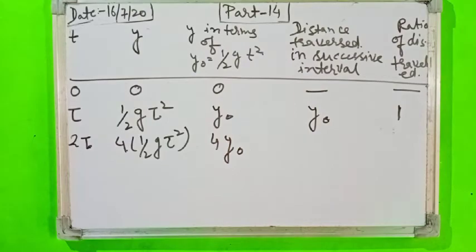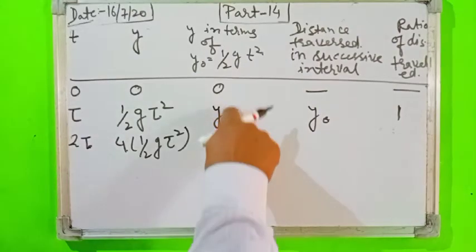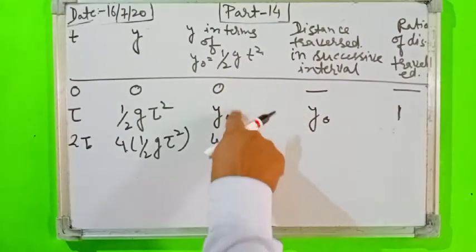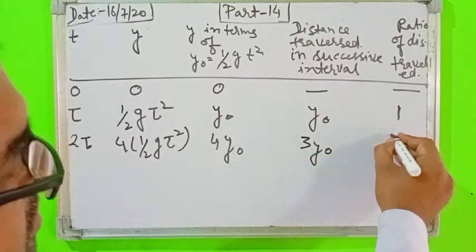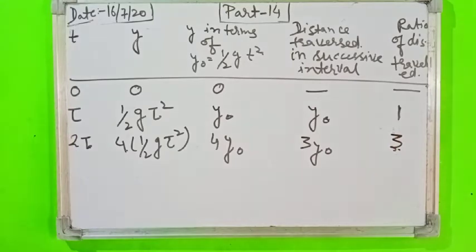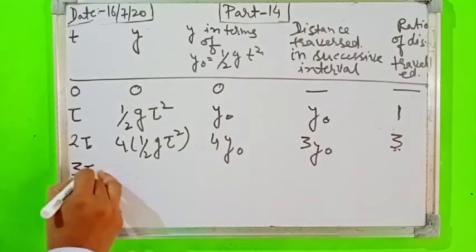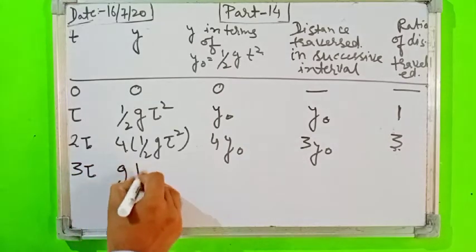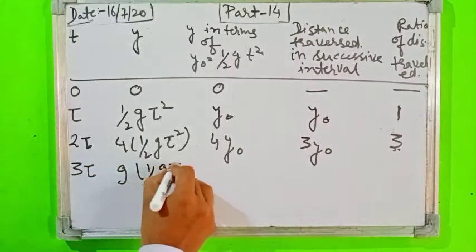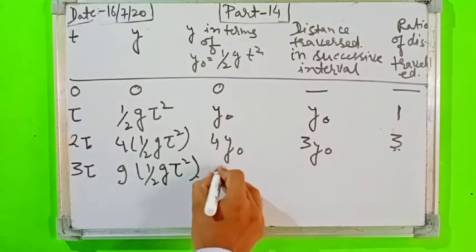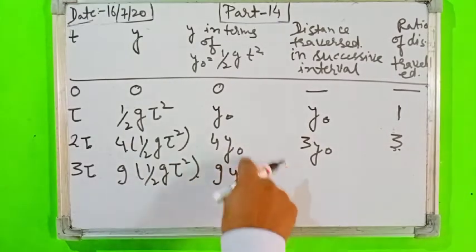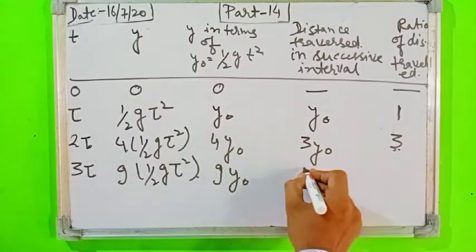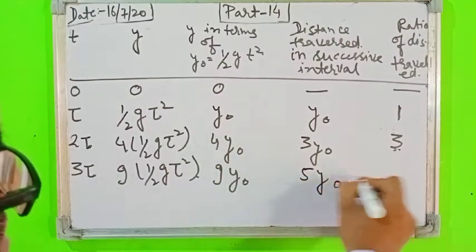Now the distance traveled is 4 y naught minus y naught, 3 y naught, and the ratio is 3. Then 3 tau gives 9 times half g tau square, 9 y naught. Now 9 y naught minus 4 y naught is equal to 5 y naught, and the ratio is 5.